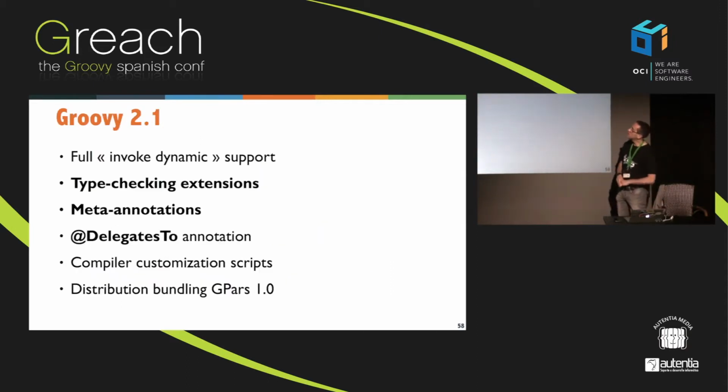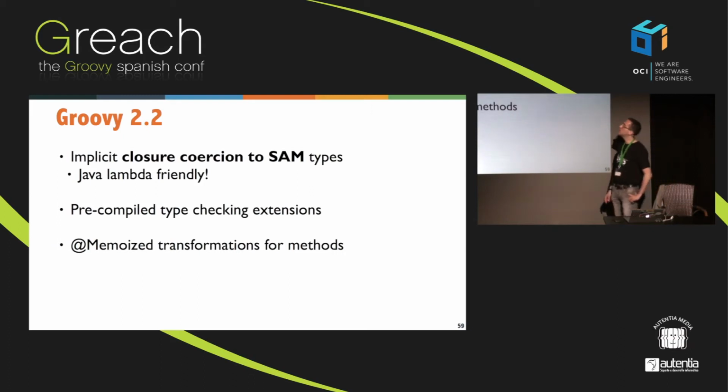Groovy 2.1, type checking extensions, meta annotations. It's not something that's used very often, but that's quite elegant. Delegates to, and yeah, that's about it. So it was more a refinement of Groovy 2, I would say, this release. Groovy 2.2, so we were already Java 8 friendly in terms of the functional interfaces that we have in Java 8.